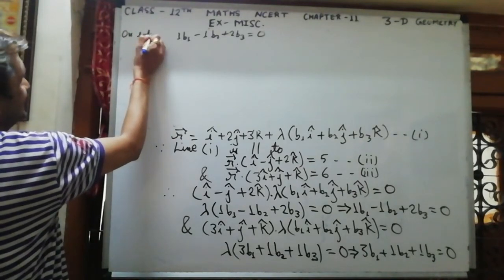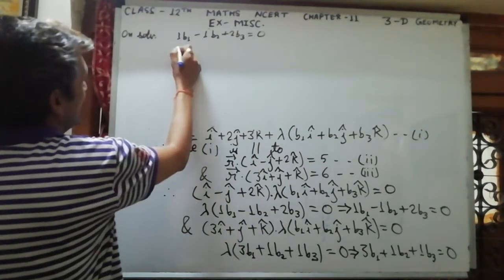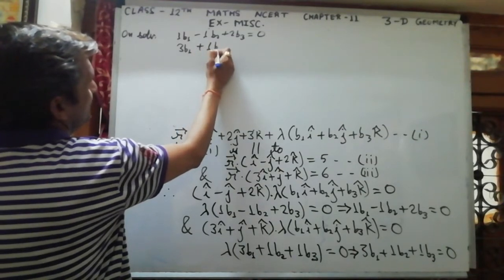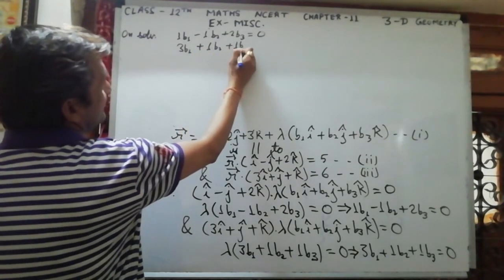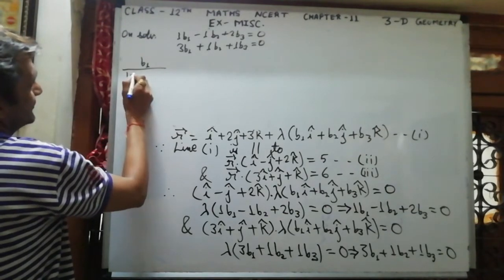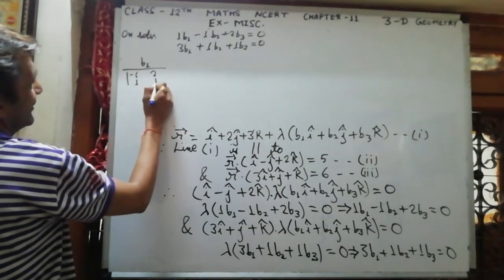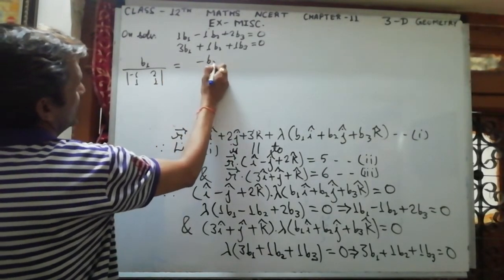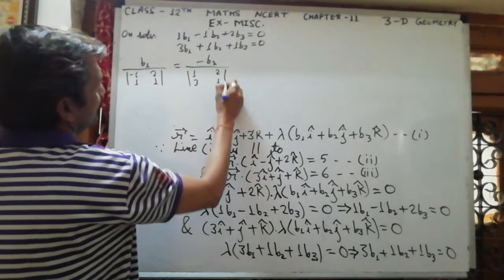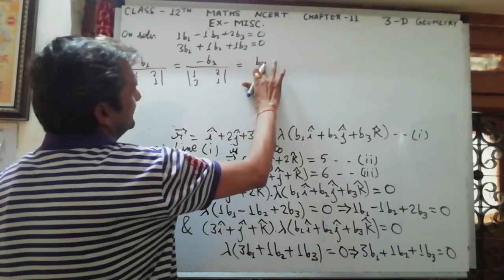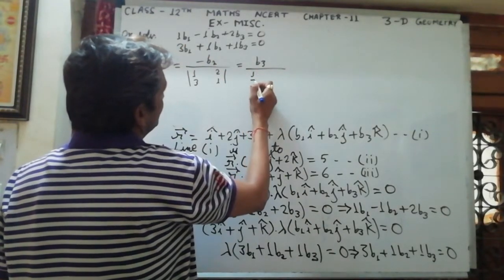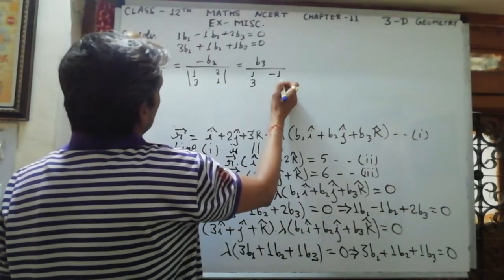On solving this equation with 3 b1 plus 1 b2 plus 1 b3 is equal to 0, by the cross multiplication method we get b1 upon (minus 1 times 1 minus 2 times 1), is equal to minus b2 upon (1 times 1 minus 2 times 3), is equal to b3 upon (1 times 1 minus minus 1 times 3).